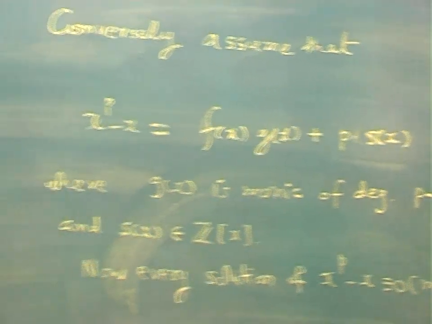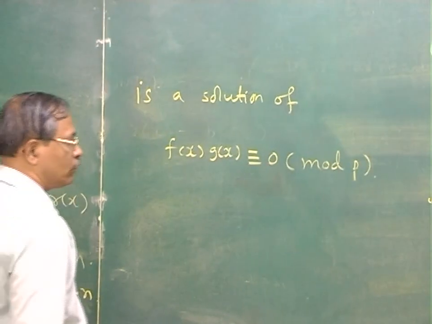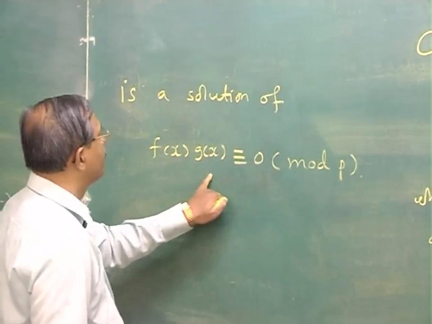So any solution of x raised to p minus x congruent to 0 mod p is a solution of this.